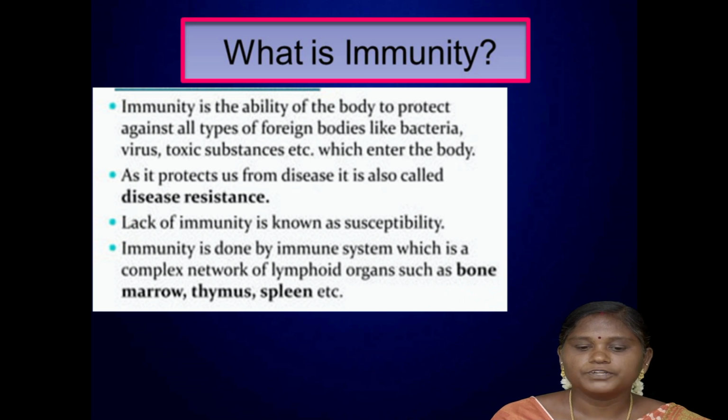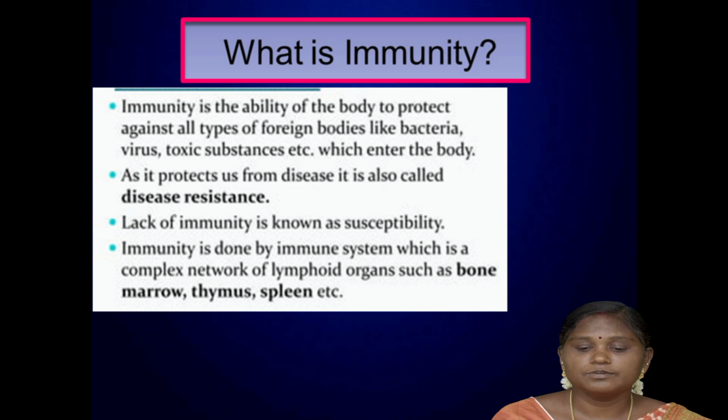So these are the toxic substances which enter into the body and disturb our system, right? As it protects us from diseases, it is called disease resistance. So immunity is also called disease resistance, right?